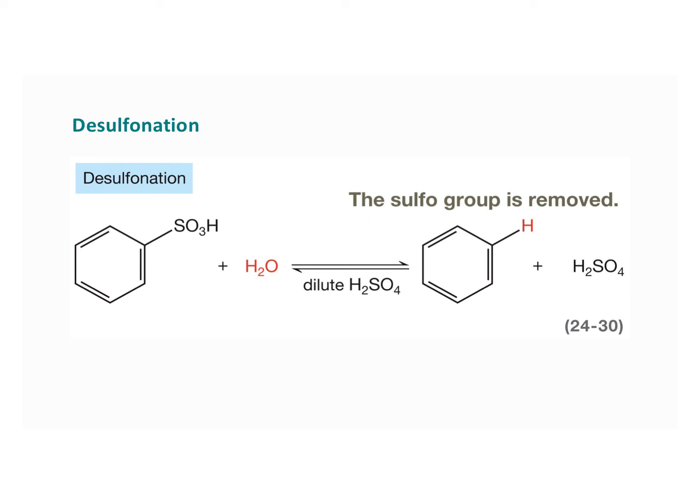Notice that water is a product of the sulfonation reaction, and so if you treat the arene sulfonic acid, which is this guy here, with large amounts of water under slightly acidic conditions, you can remove that sulfo group and get your benzene back. So it is reversible through this reaction.